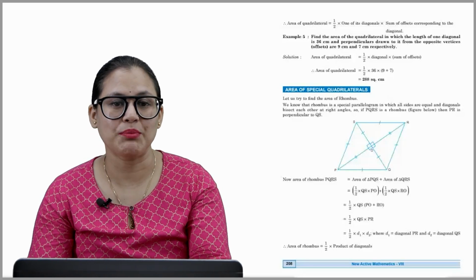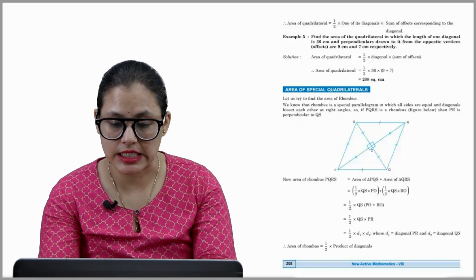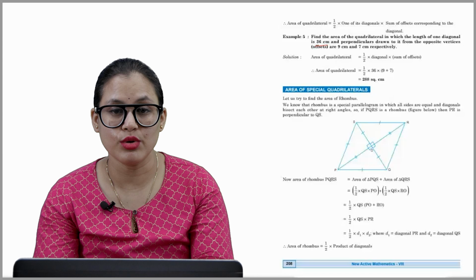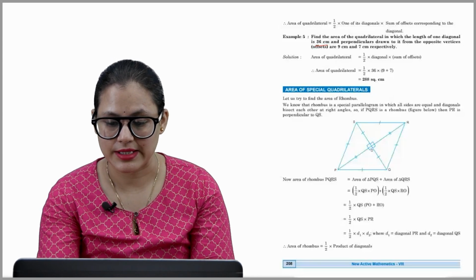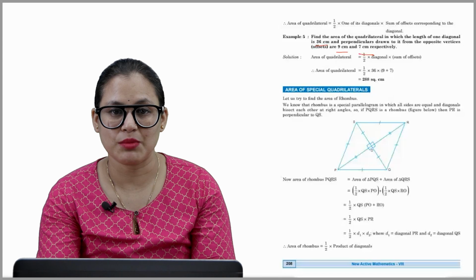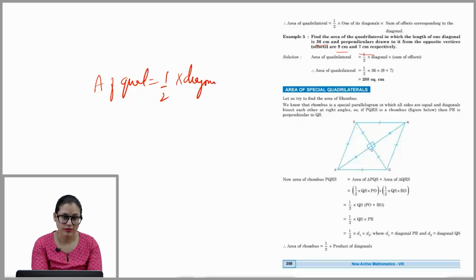Okay. Let us do example 5. Find the area of the quadrilateral in which length of one diagonal is 36 centimeter and perpendiculars drawn to it from the opposite vertices are 9 centimeter and 7 centimeter respectively. Okay. So, area of quadrilateral is half into diagonal into sum of offsets.